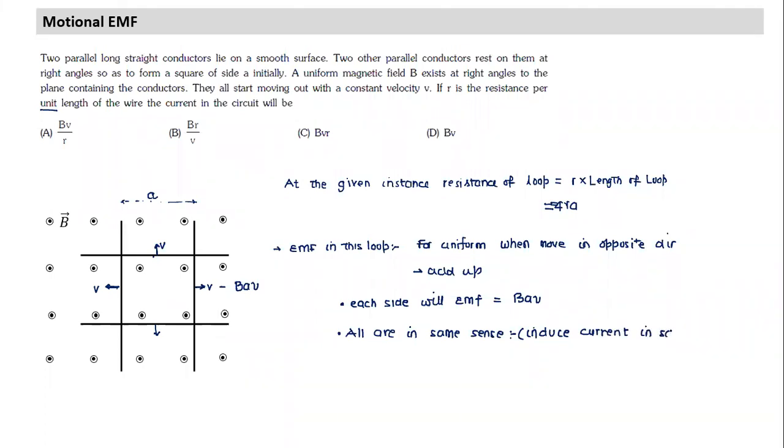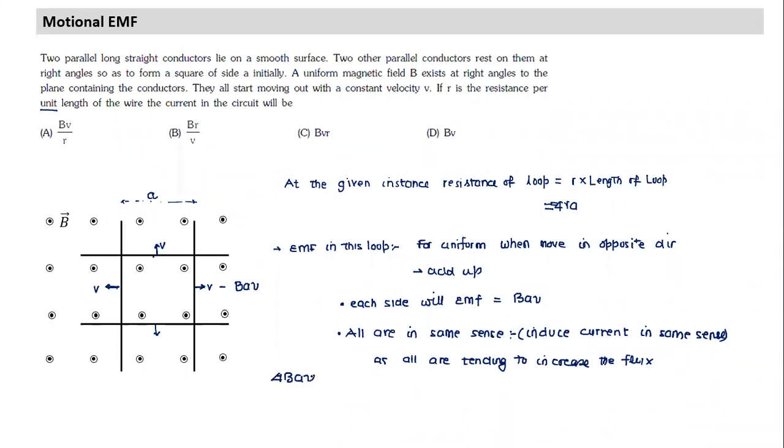If they are inducing current in the same sense, I can add it up. Why are they all the same sense? Because all are tending to increase the flux. So we can add all of them, and the EMF is equal to 4 BAV.